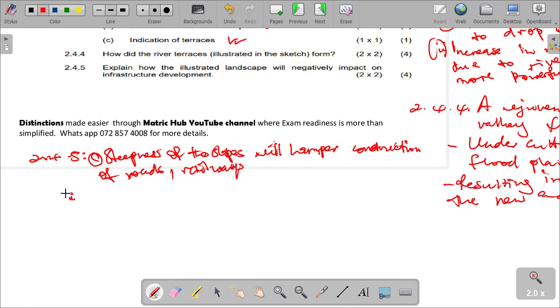Two, what else can be the problem there? We are saying softness of the undercutting rock causes instability of roads and railway construction, which is from the incision that is taking place, the undercutting that is taking place there. So there is an issue of softness, the softness of the underlying rocks.